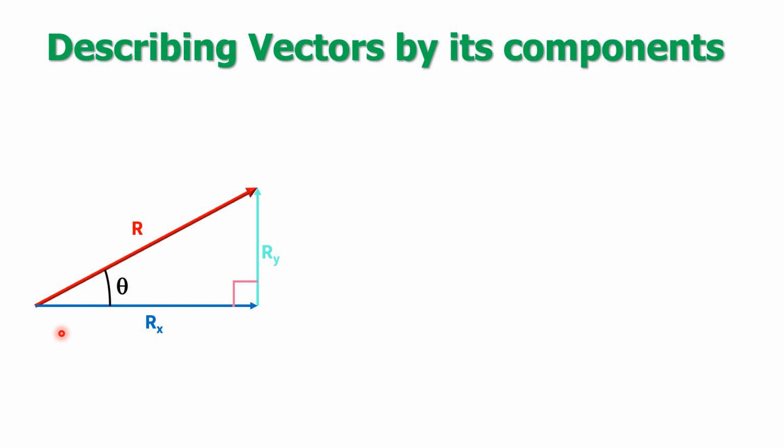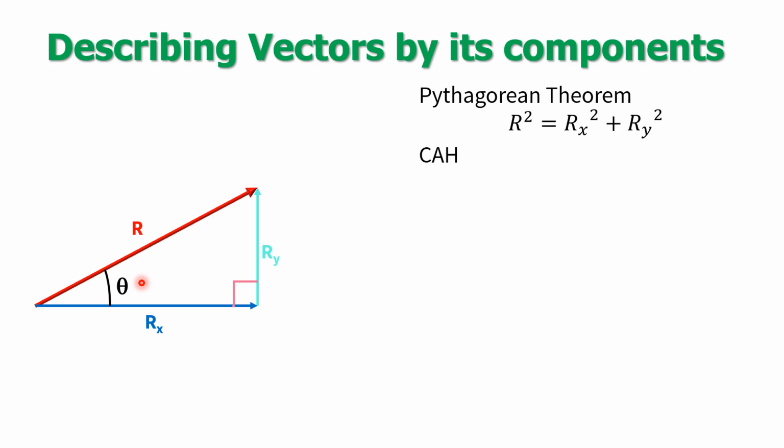Therefore, using the Pythagorean theorem, we have now this relationship. So we have the magnitude of r squared is equal to the magnitude of r sub x squared plus the magnitude of r sub y squared. And then using the trigonometric equations, SOH CAH TOA, we have CAH.